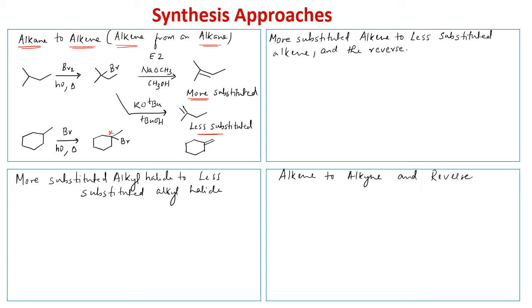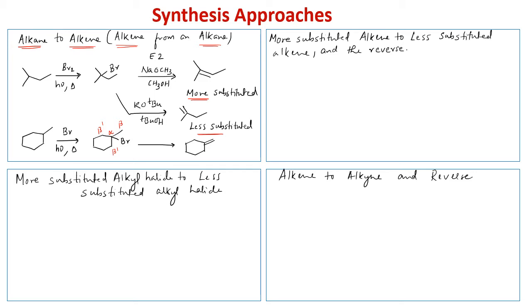Now that you have the alkyl halide, starting from this alkyl halide, this is your alpha carbon. You have a beta carbon here, and you have beta prime carbons available. The target alkene has a double bond between the alpha carbon and the beta carbon, and the beta carbon here is the less substituted carbon.